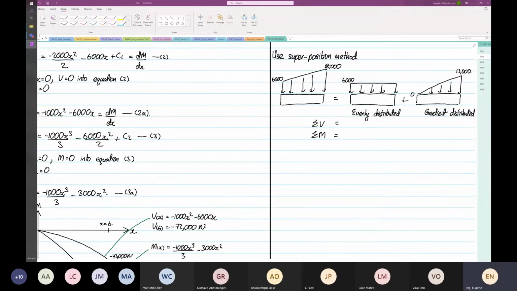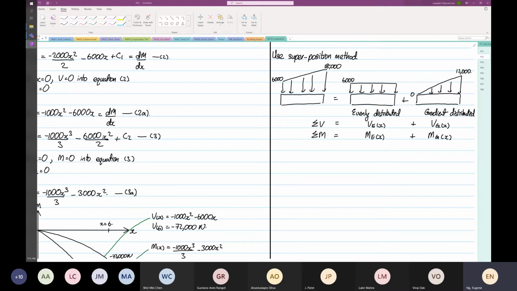This will be the shear force in the evenly distributed load and the shear force of the gradient distributed load, all as a function of x. Likewise, the moment of the evenly distributed load as a function of x plus the moment of the gradient distributed load as a function of x. This is where the steps get longer, but it's not necessarily more difficult, it's just more lengthy.